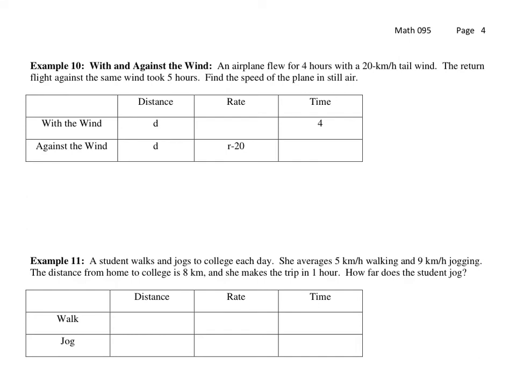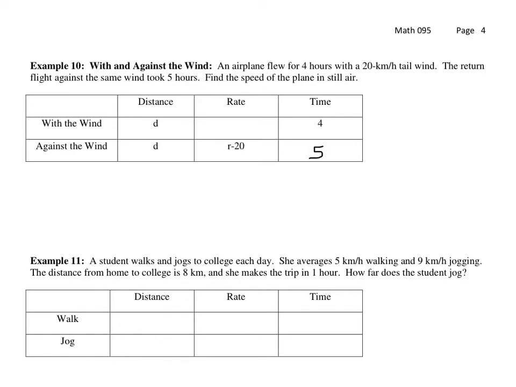With and against the wind. An airplane flew for 4 hours with a 20 kilometer per hour tailwind. The return flight against the wind took 5 hours. So the time flying against the wind is 5 hours. Notice that we have a rate r minus 20 if we're flying against the wind.